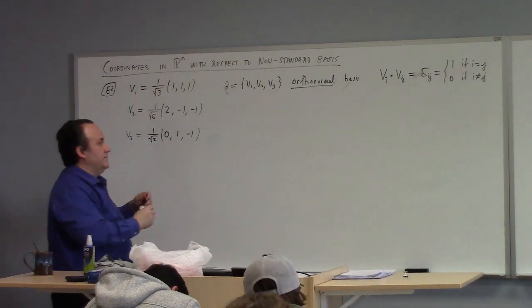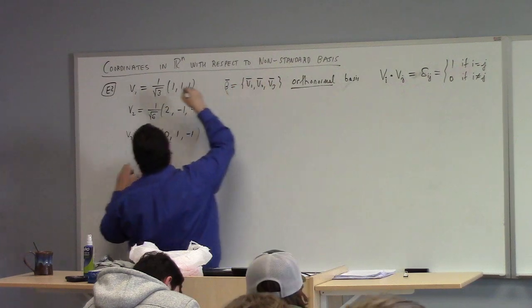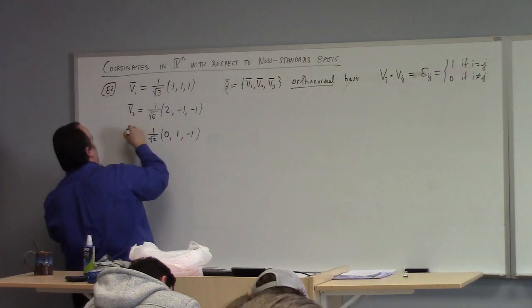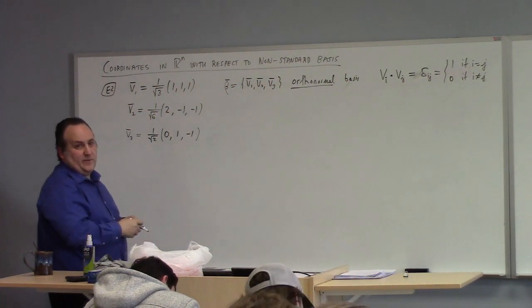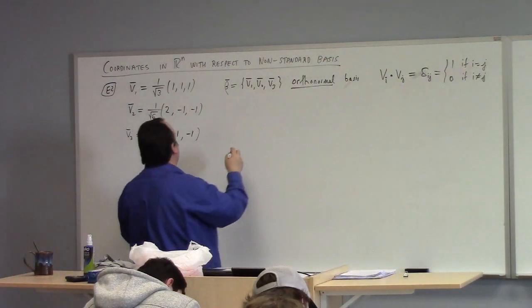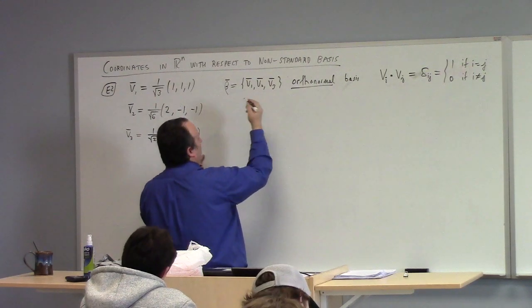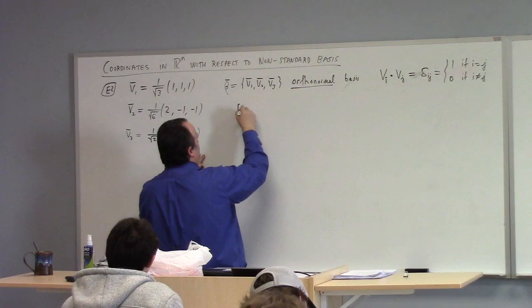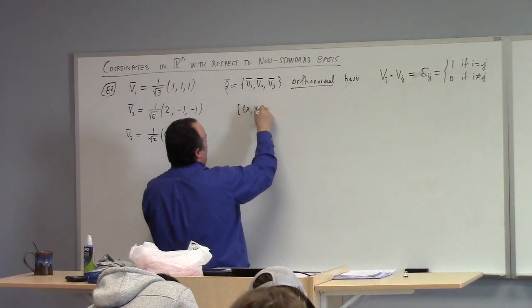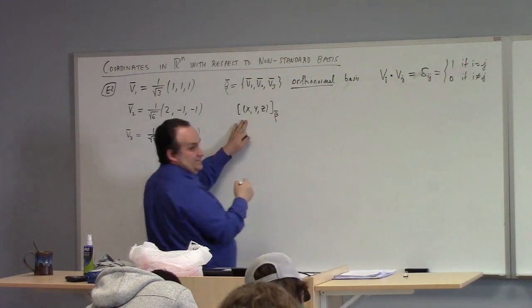So let me call this beta bar because I want to stick with my notational scheme that I just introduced. What are the formulas for x bar 1, x bar 2, x bar 3 in terms of x1, x2, and x3? Or maybe we can use x, y, z. Let's calculate the beta bar coordinates of x, y, z.